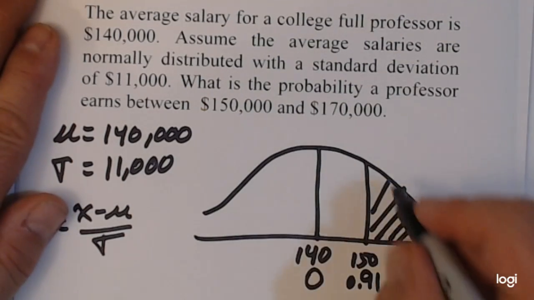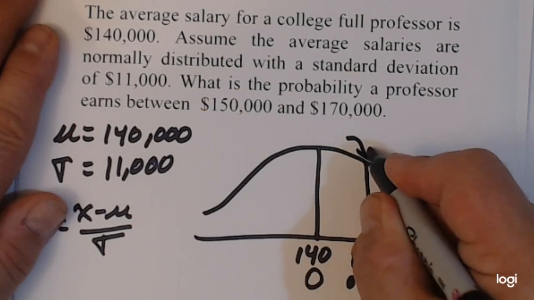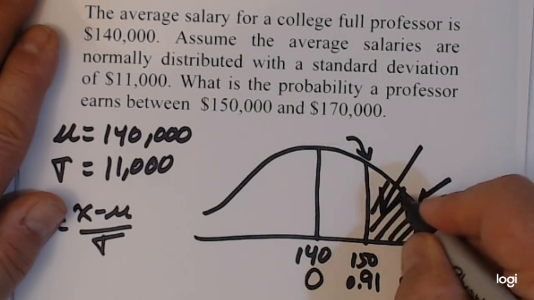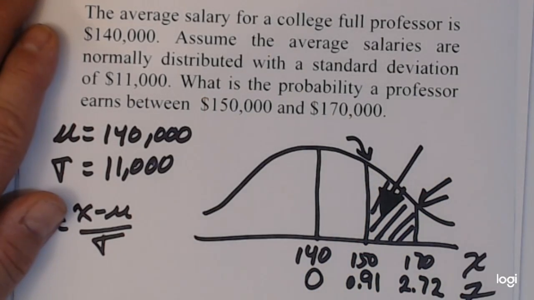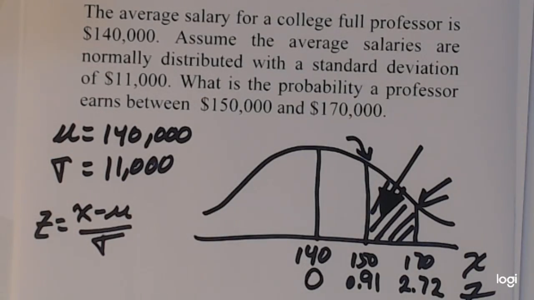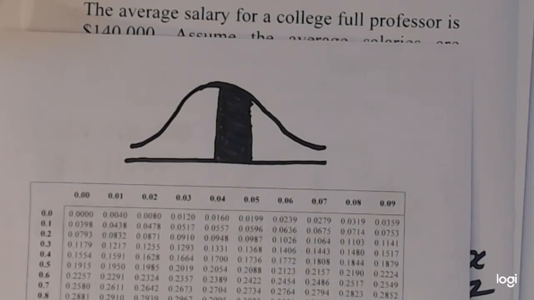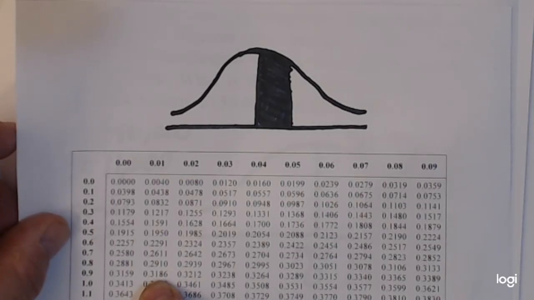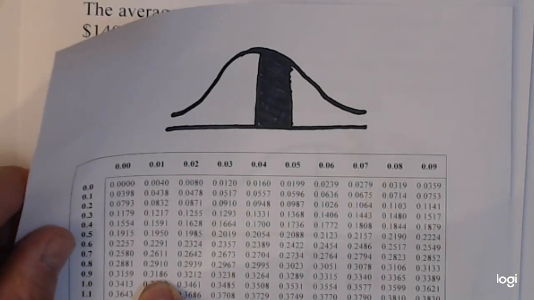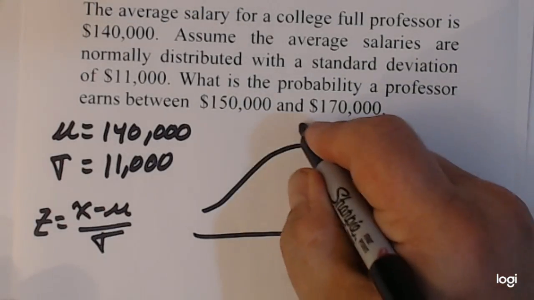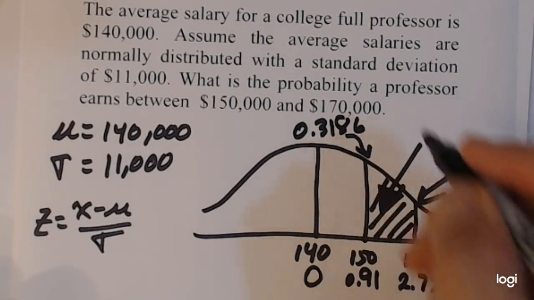So now what we need is an area for there, an area for there, and that'll give us an area for the middle part there. So let's see, this is the table we use, and we want 0.91. 0.91 is 0.3186.